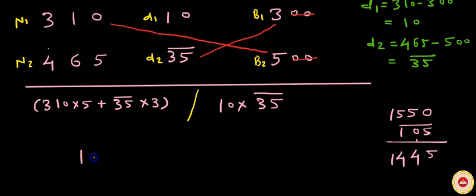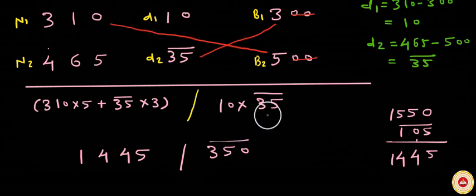So write 1445, give a slash and 350 but negative. 35 multiplied by 10 is 350. 35 is negative, so 350 is negative.